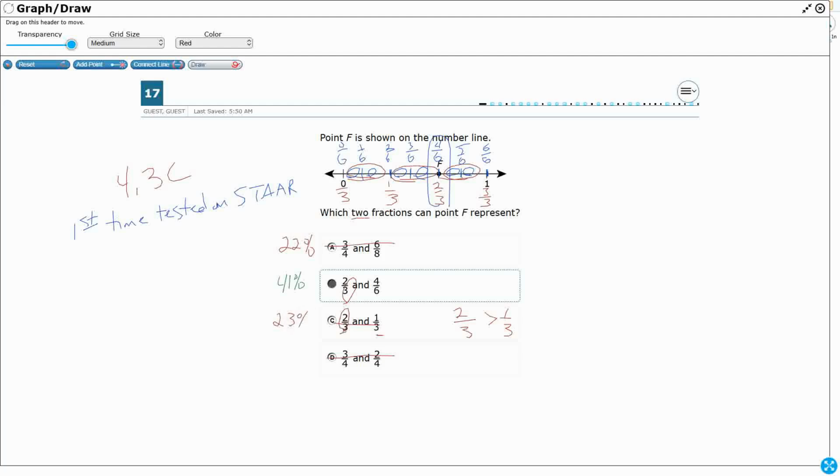So these are our most chosen incorrect items. So at least this one had 2 thirds, right? And then D had 14%. So we're really kind of all over the place there.